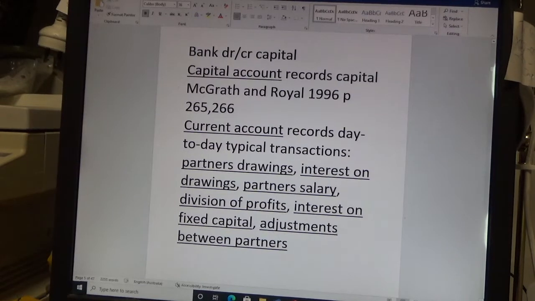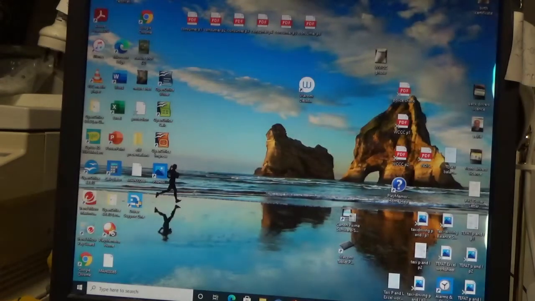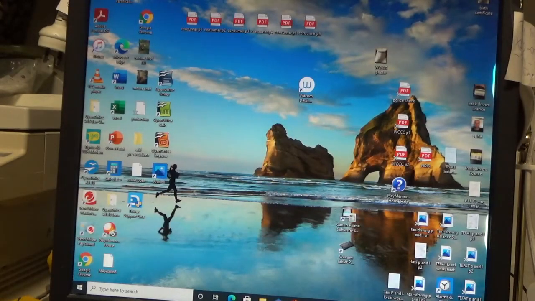Like a company, the partnership has a view to a profit, and that's covered in this country, in this state, New South Wales, by the Partnership Act of 1892. So wherever you are in the world or Australia, there would be a relevant partnership legislation. Possibly it's been in place for a long time.